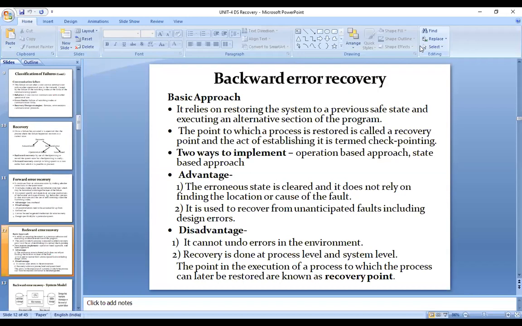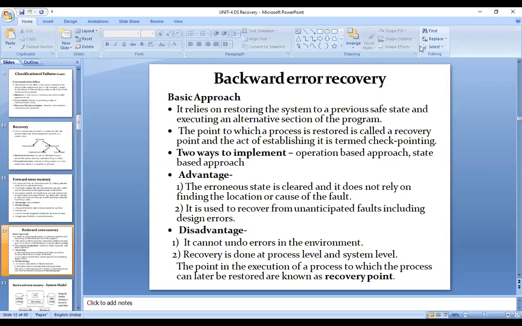The point in the execution of the process to which the process can later be restored is known as a recovery point. And this recovery point is said to be restored when the current state of the process is replaced by the state of the process at the recovery point.